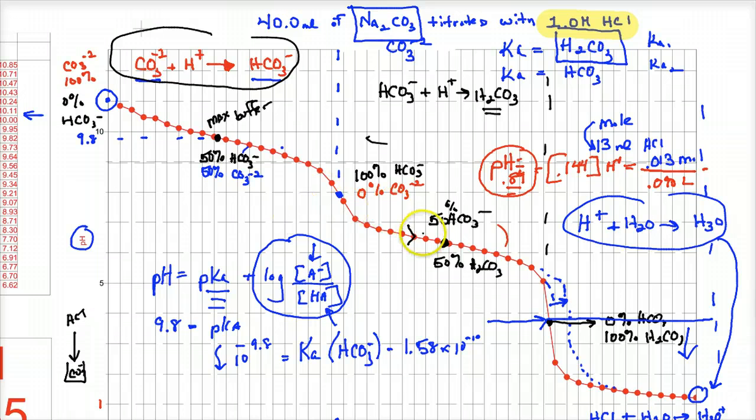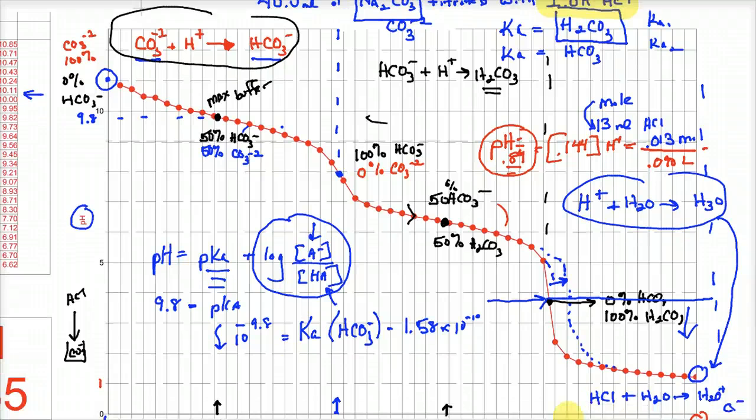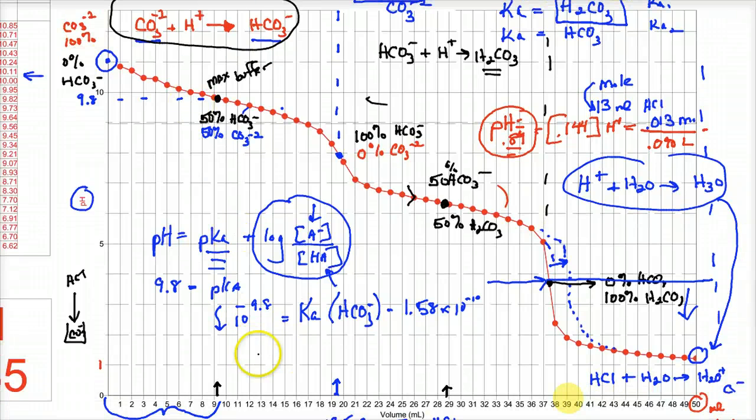All right, the second one's done the same way. Max buffering position means that the pH equals the pKa. Now, this could be the Ka of something else, but sincerely, this value we'll say is, I don't know, 6.2, somewhere around there. So my pKa is equal to 6.2, so 10 to the negative 6.2.